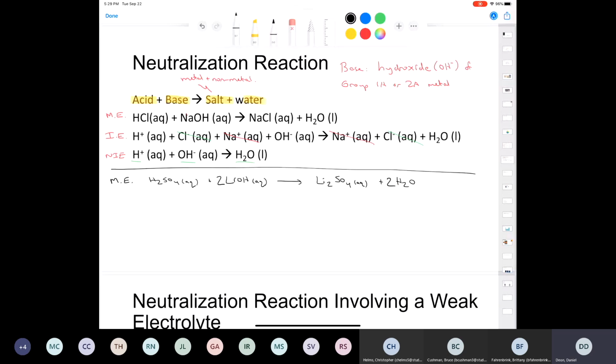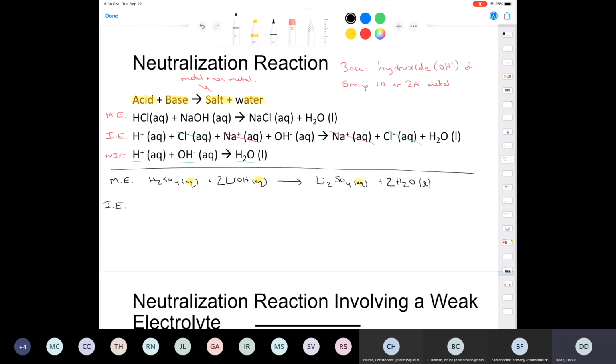Now, what I want you to try to do is to break this apart into its ionic equation, or its total ionic equation. I'll give you a second, but everything that's aqueous should be broken apart into its ions. Okay, well, let's break everything apart into its ions.